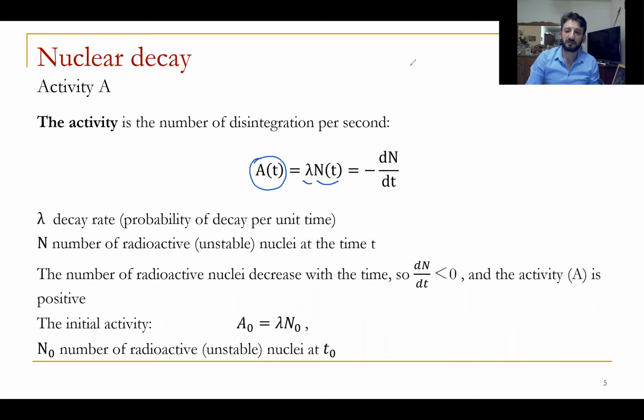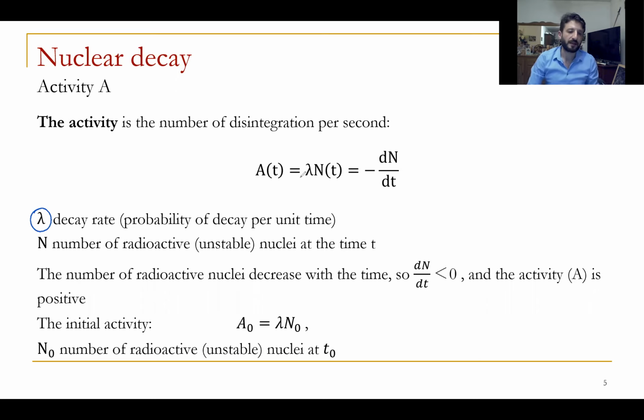We start with the definition of each term. You have to know very well the definition of each one and the notation. First of all, lambda. Lambda is the decay rate, or the probability of decay per unit time.